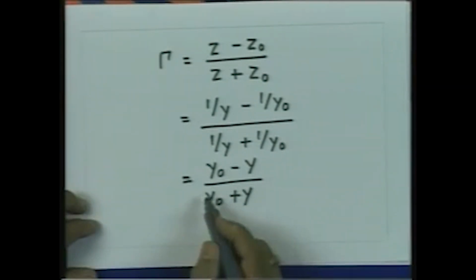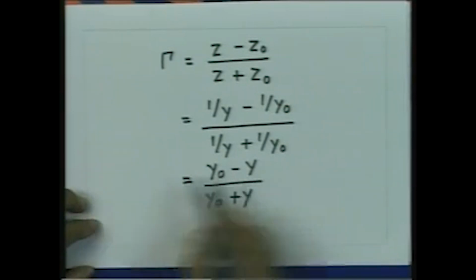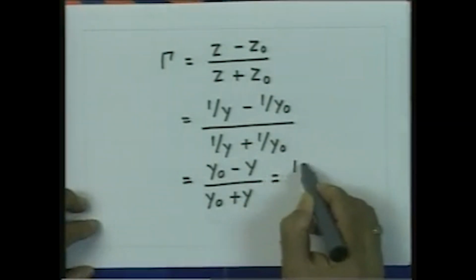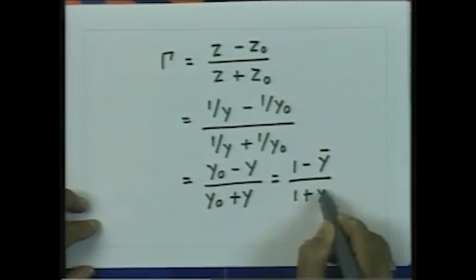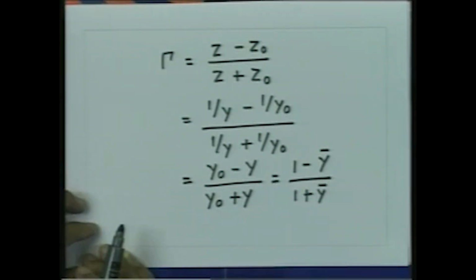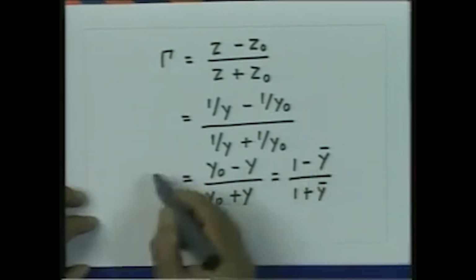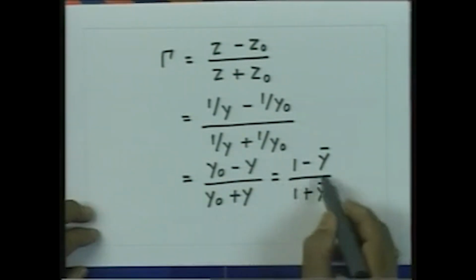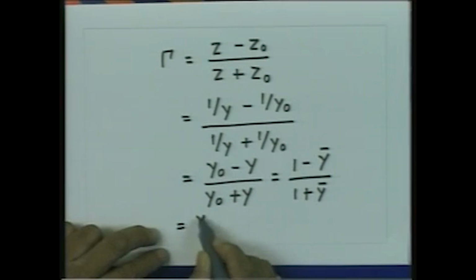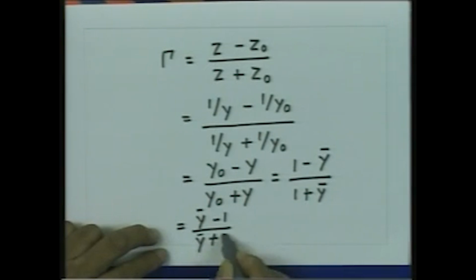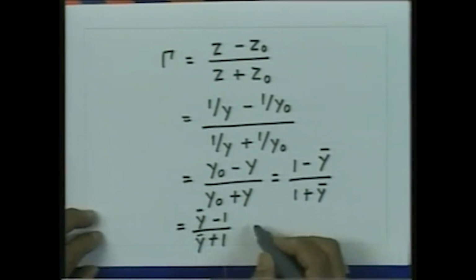If I want to write in terms of normalized admittances, I can take y 0 common. So, that will be equal to 1 minus y bar divided by 1 plus y bar. If I take negative sign common, this will be minus y bar minus 1 divided by y bar plus 1. So, this we can write as y bar minus 1 divided by y bar plus 1, and the minus sign is nothing but a phase change of 180 degrees.